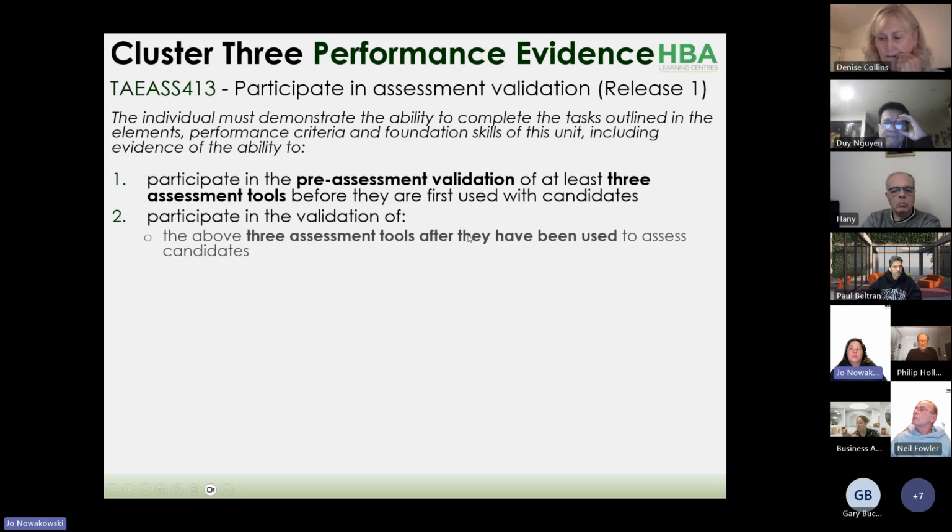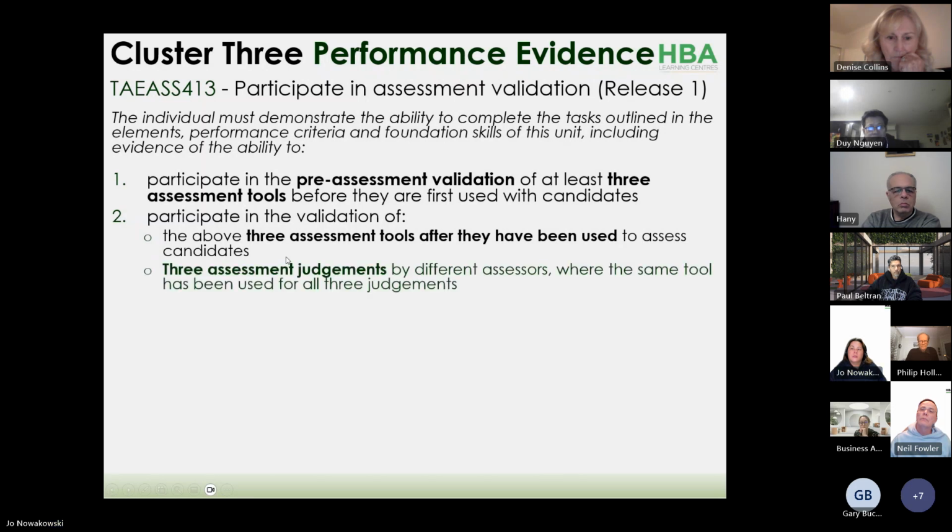2, participate in the validation of the above 3 assessment tools after they have been used to assess candidates. Do we understand that? Yeah. 3, assessment judgments by different assessors where the same tool has been used for all 3 judgments. So again, HBA has already got some assessment tools that have been assessed by 3 assessors.